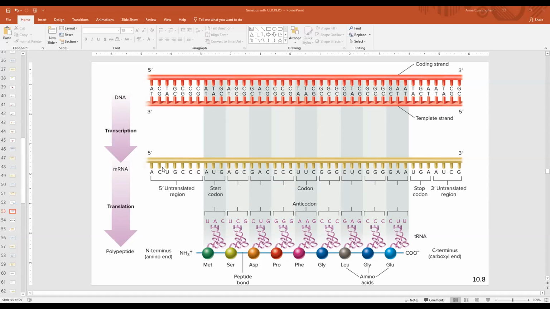So we have to use a 3' to 5' template to create a 5' to 3' product. However, because we use complementary base pairing to create that product, any product of complementary base pairing is going to be the complementary strand.